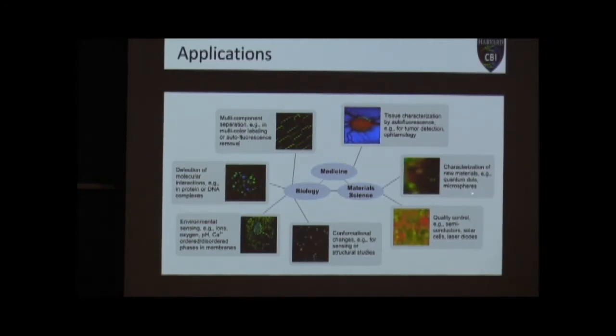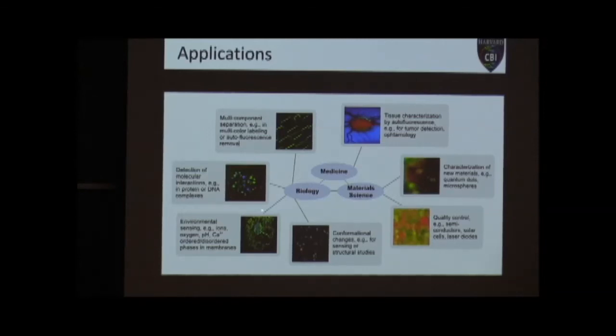In material science, this is quite often used for characterizing new materials, particularly fluorescent ones, so you can get a fluorescence lifetime as a characteristic of your new material, especially if you're working with fluorophores or, say, quantum dots. It's sometimes also used for quality control in semiconductors, solar cells, and laser diodes as well. And what you can do is look for the homogeneity of fluorescence across your product that you've made.